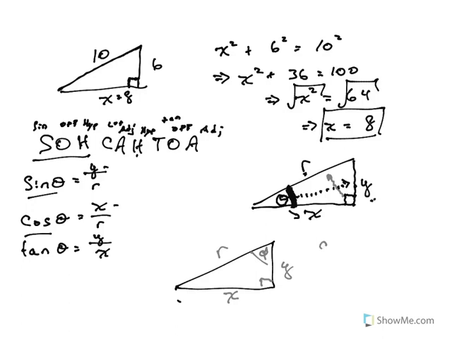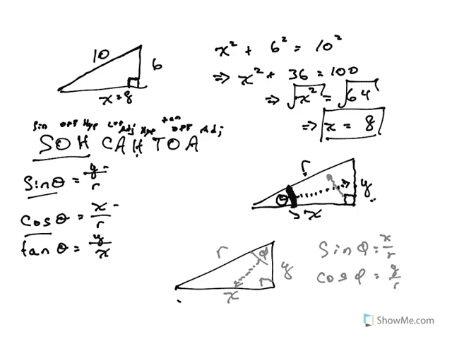If I say, okay, what's sine of phi? Well, sine is opposite over hypotenuse. If I put y over r here, I'm wrong, because the side which is opposite to my phi is that one there, which is my x. Cosine for this one is y.